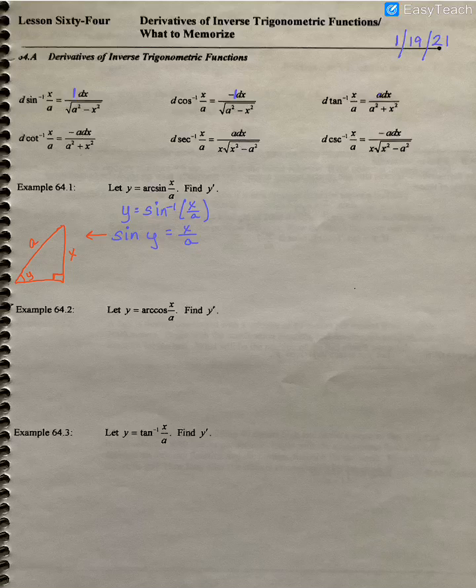And then the question that we'll need to know later, I'm trying to set us up for it, is what is this piece right here? And how can we find that missing piece? Well, of course, you know that this is a right triangle, and so we can use the Pythagorean theorem. I'm going to call this side down here b. So I'm going to say b squared plus x squared equals a squared. If I'm trying to solve for b, I'm going to start by solving for b squared. So b squared is a squared minus x squared.